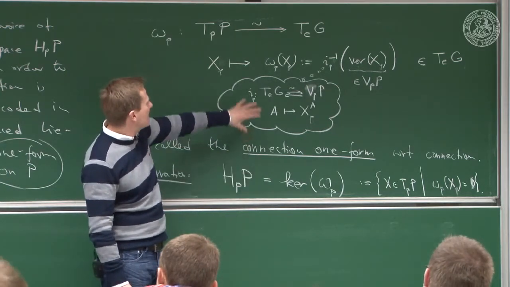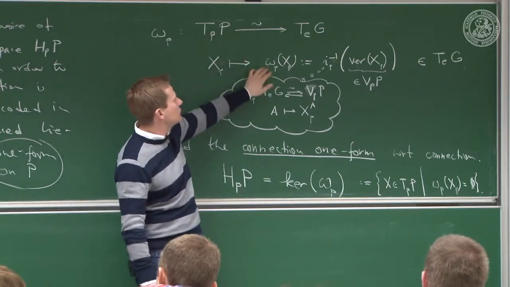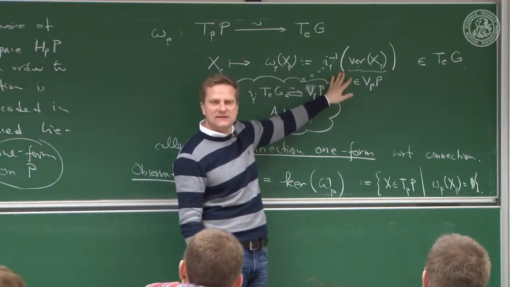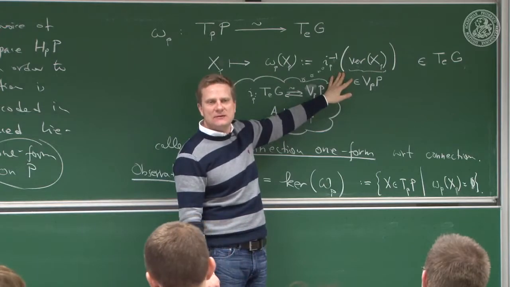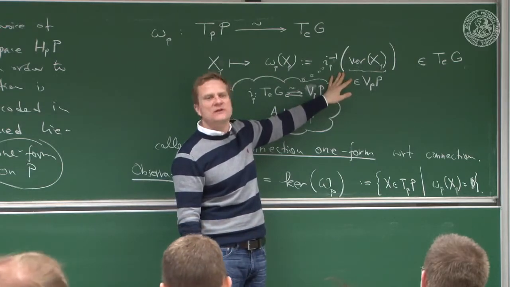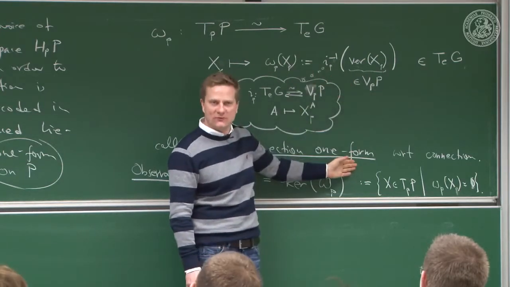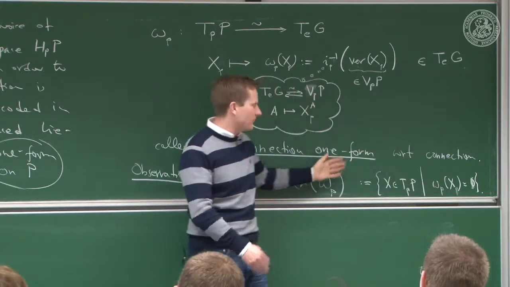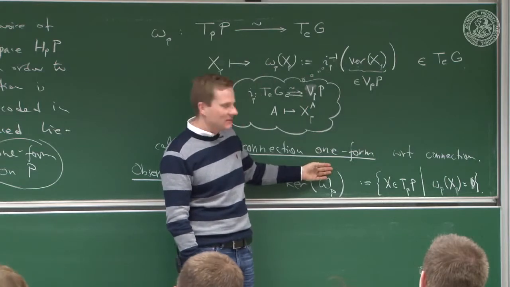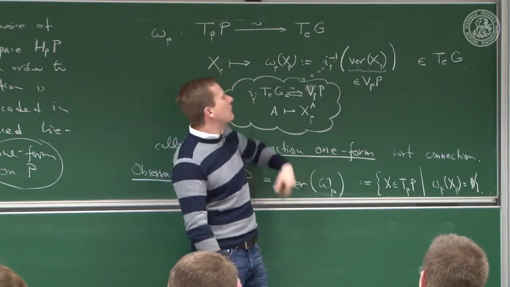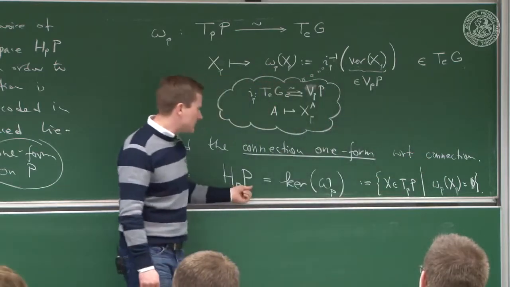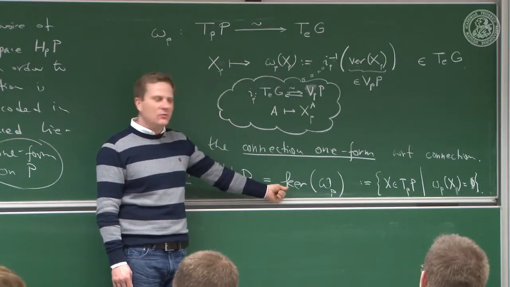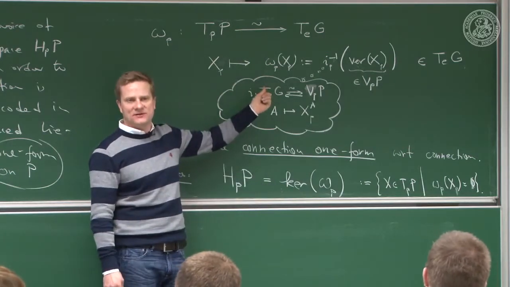We now want to find out what the properties of this one form are if it's defined like this. And then we'll see that we can elevate these properties to a definition of a connection one form without giving a connection first, but a one form with certain properties. And then from it we can recover H_P P in this fashion, which then automatically has the required properties.